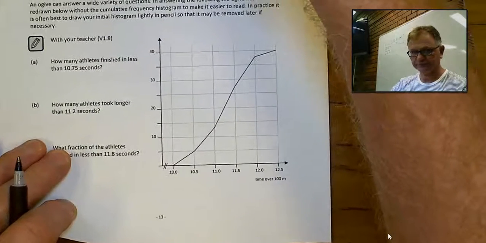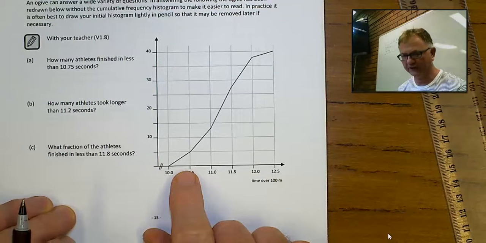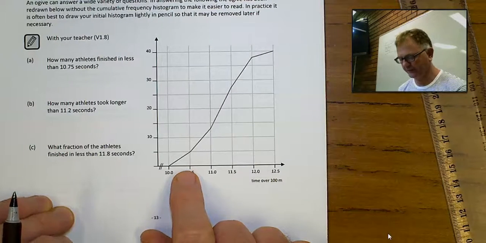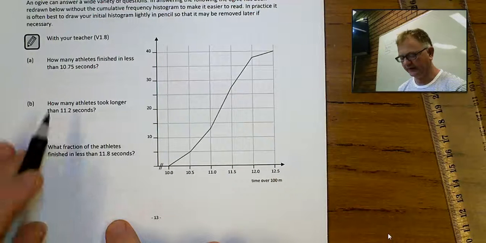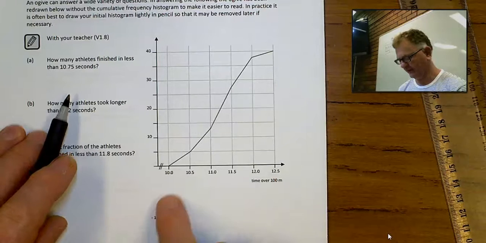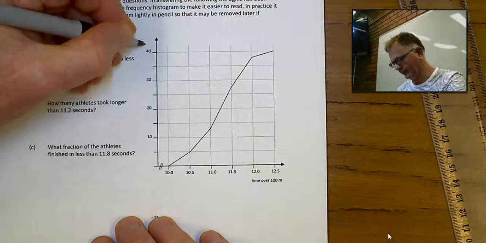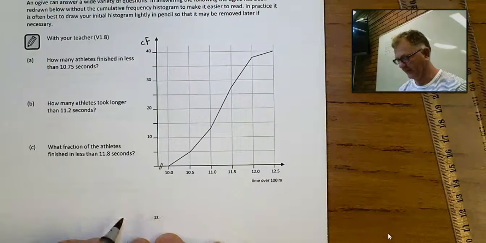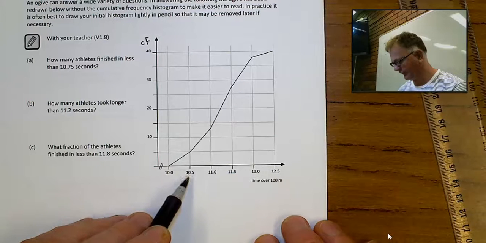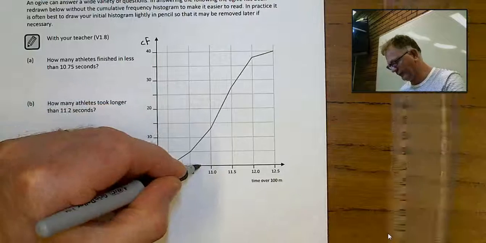At the bottom of the page here, I've redrawn that ogive, this time without the histogram. It just makes it a little easier to see. If I want to find the number of athletes that finished in less than 10.75 seconds, I've got the times here, and up here I should have the cumulative frequency marked. That's the number of athletes. So 10.75 will be exactly in between 10.5 and 11 seconds.